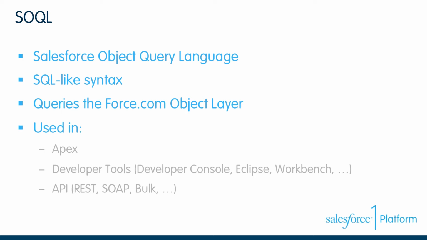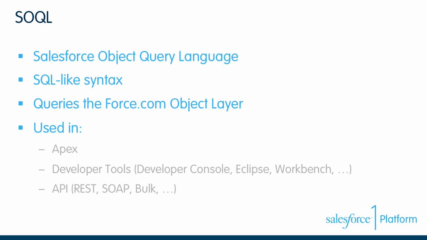It's used to query the objects, as we've talked about, the objects that we've been creating. It's being used to generate and fetch the data behind those user interface screens that we were looking at. The user interface is doing it all automatically for you, but if you get into customizing the user interface, building your own pages with Visualforce or Apex, then you'll be having to supply your own SOQL to go and fetch the data that you want displayed.